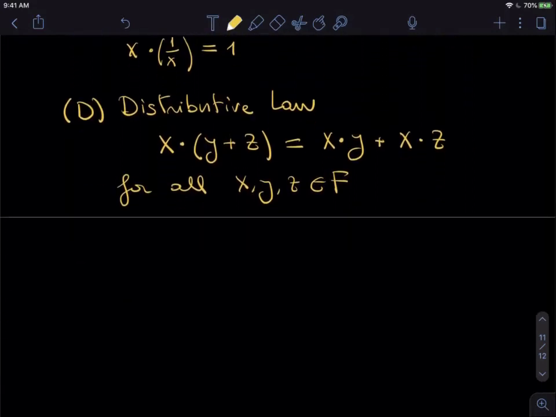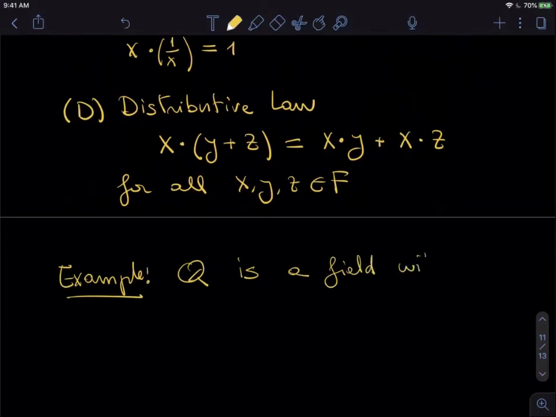Okay, of the examples we have seen so far, the set of rational numbers is a field with the usual addition and multiplication.